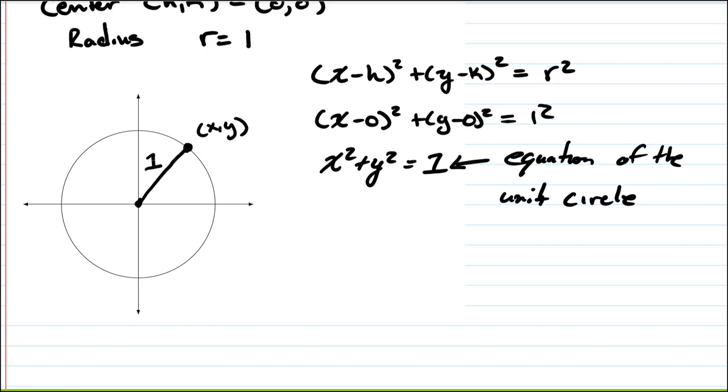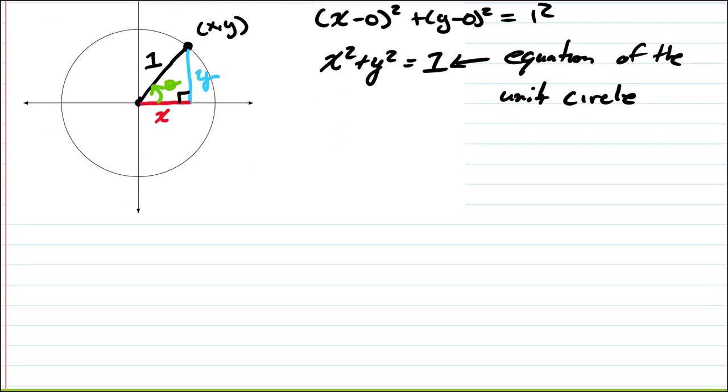And if we look at the sides, we can make a right triangle specifically by doing this. So this side is going to have length y, because that's the y coordinate of the point. And this side of the triangle is going to have length x. We can talk about our angle theta, or our rotation from the positive x-axis. So theta is called the reference angle.